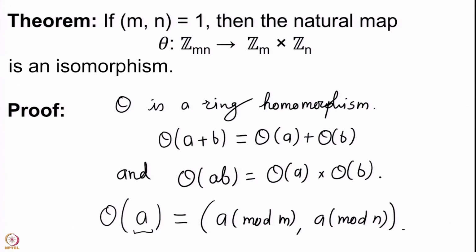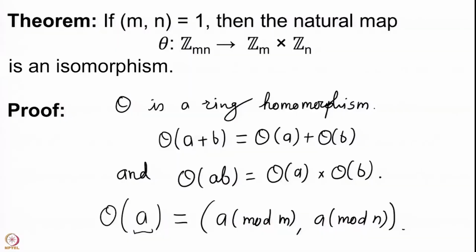So, you will have to show that when A is congruent to B modulo mn, A is congruent to B modulo m, and A is congruent to B modulo n. This is a simple check, but you should at least spare a few seconds to think about this. It is important.